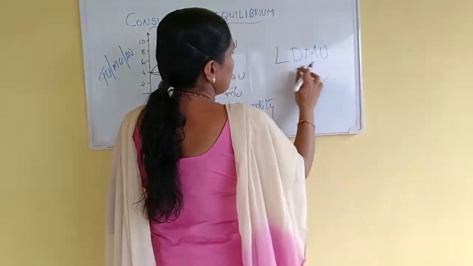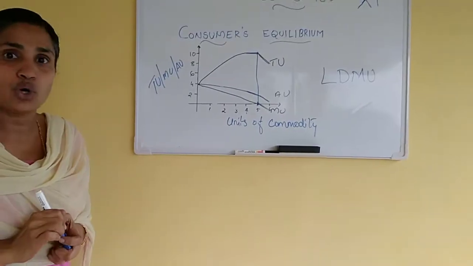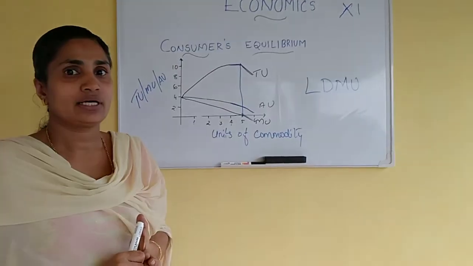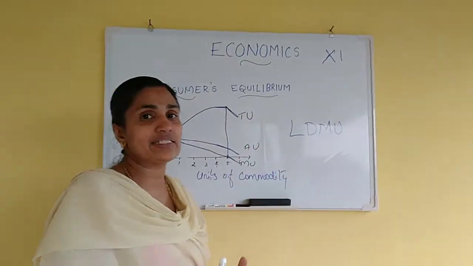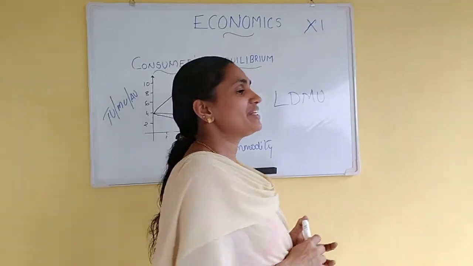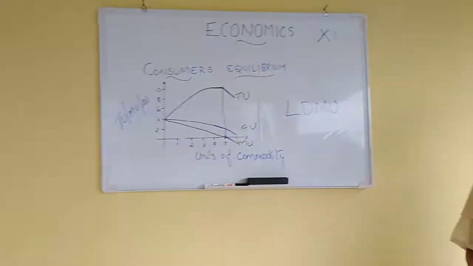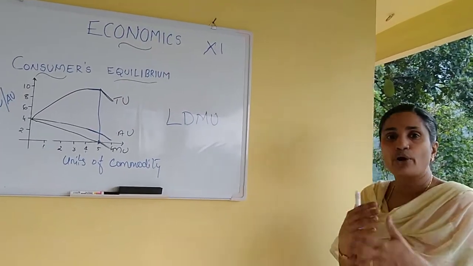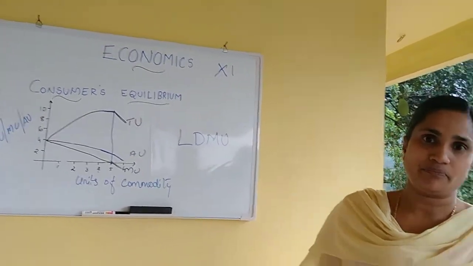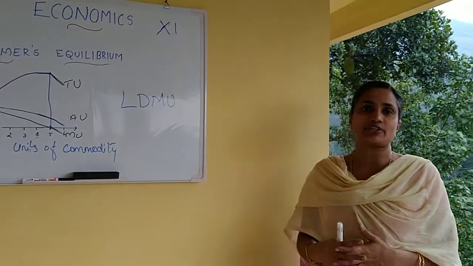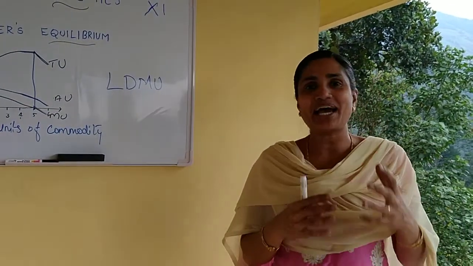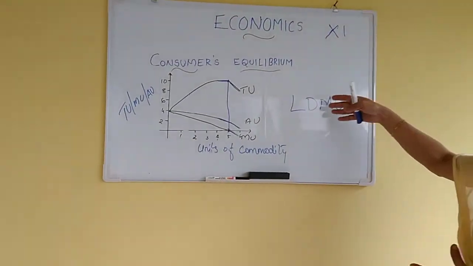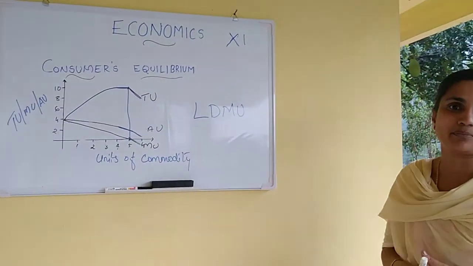From the term itself we are able to know what we mean by the law of diminishing marginal utility. What is the law of diminishing marginal utility? It states that when the consumer consumes more and more of a particular commodity to maximize their satisfaction, the satisfaction from that particular commodity is coming down, it is diminishing.